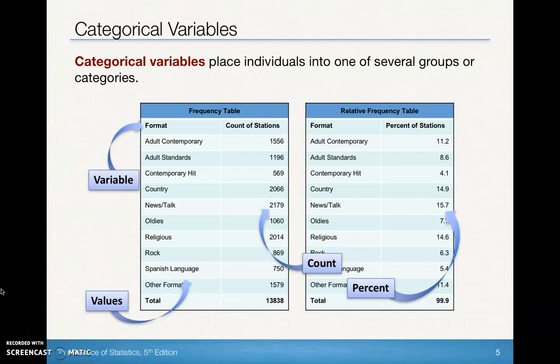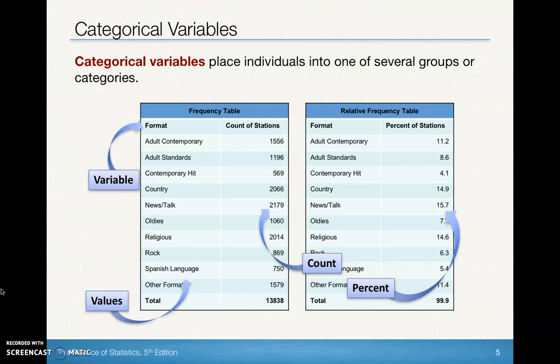A relative frequency table, on the other hand, shows the percents, and that can sometimes be helpful when you have varying numbers of things. So it wouldn't be as helpful to know that 1,000 out of 13,000 stations play adult contemporary.